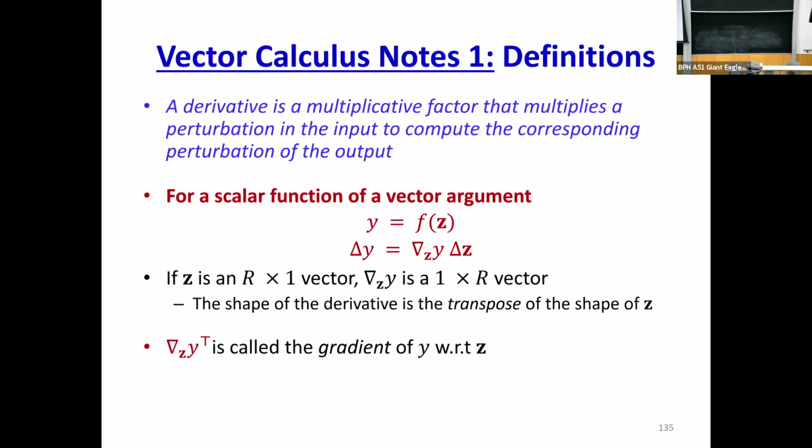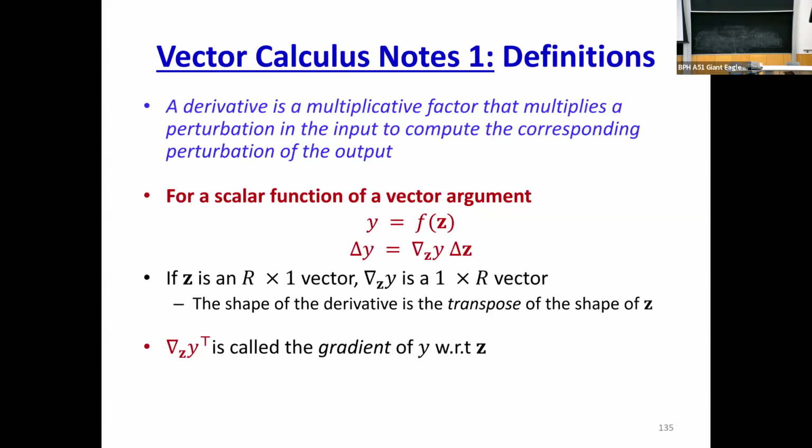Thank you. So if z is a column vector, what is delta z? I can add delta z to z, can I not? So what is the shape of delta z? The same as z. If z is a column vector, delta z is going to be a column vector. So what will the derivative be? Is delta y a scalar or a vector? Y is a scalar.